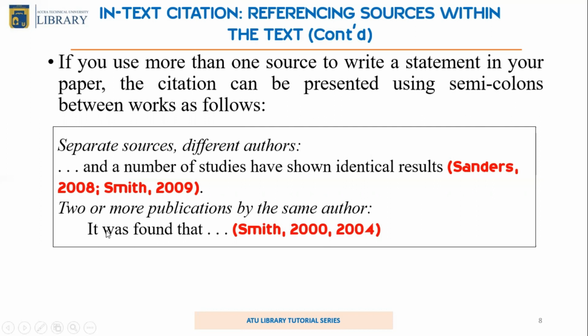It means that the fact that you want to capture in your write-up was gotten from these 2 materials or articles, but the materials are authored by one person. And so when we are citing at a go, there's no need of you separating the same person. So we have Smith 2000 and Smith 2004. And that is the 7th edition format of the APA style.